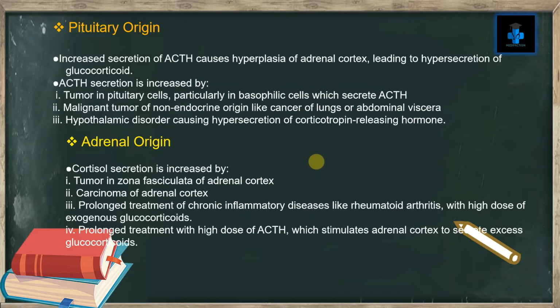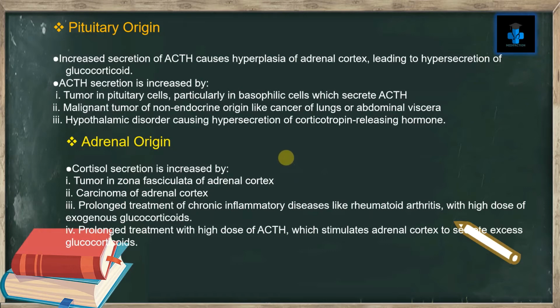Tumor in pituitary cells, particularly in basophilic cells which secrete ACTH. Number 2. Malignant tumor of non-endocrine origin like cancer of lungs or abdominal viscera. Number 3. Hypothalamic disorder causing hypersecretion of corticotropin releasing hormone.